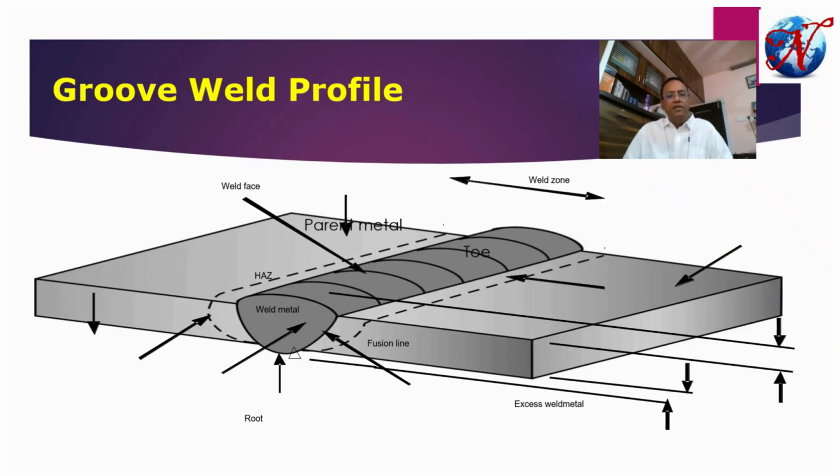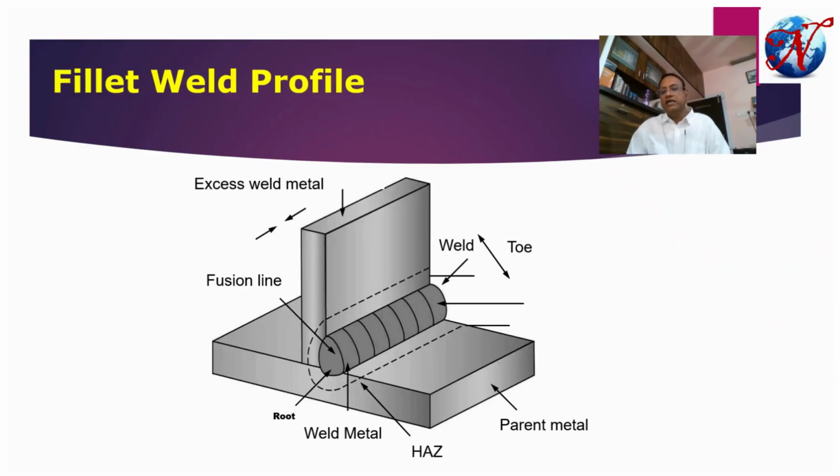And after the deposition of the weld, certain areas where the heat produces some changes in their microstructure are known as the heat affected zone, and we need to ensure what the amount of heat affected zone is after the welding.